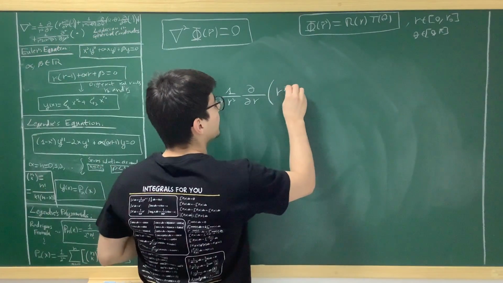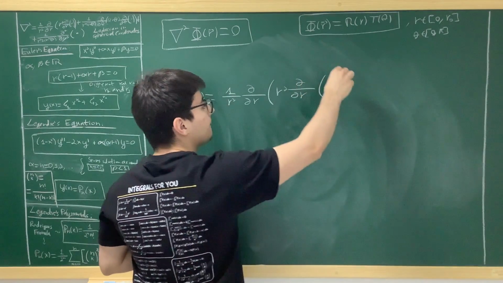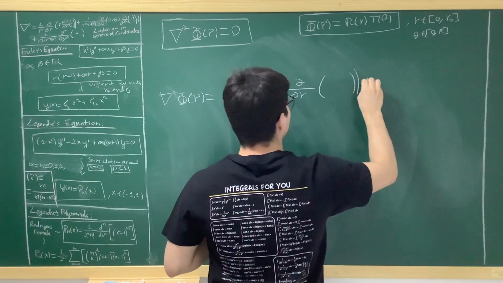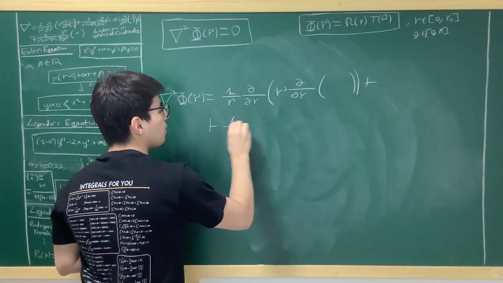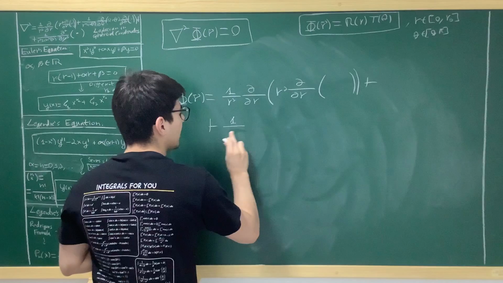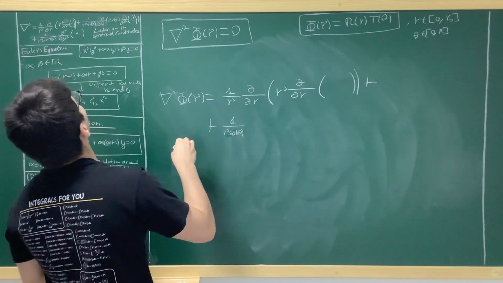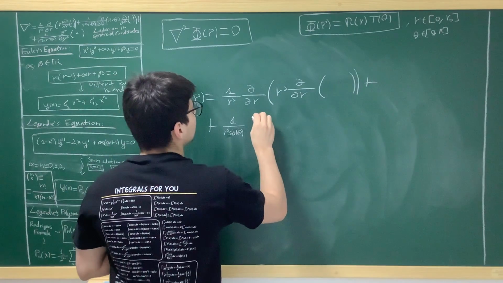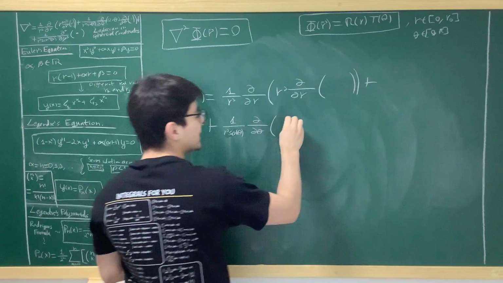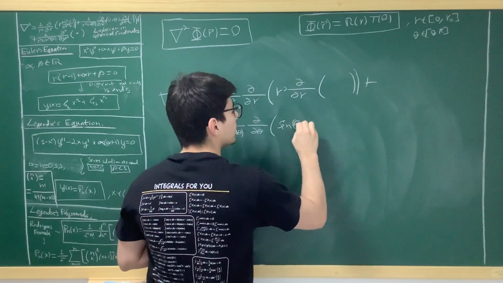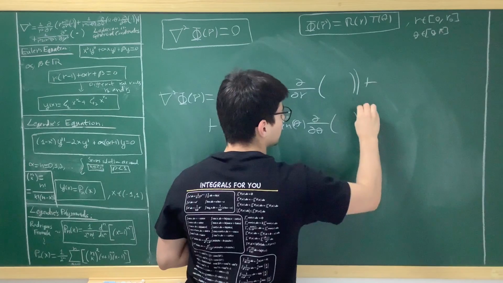So r squared times the partial derivative with respect to r of phi, let me just leave this space here, plus 1 over r squared sine theta, and the partial derivative with respect to theta of the sine of theta, and here we'll multiply by the derivative with respect to theta.